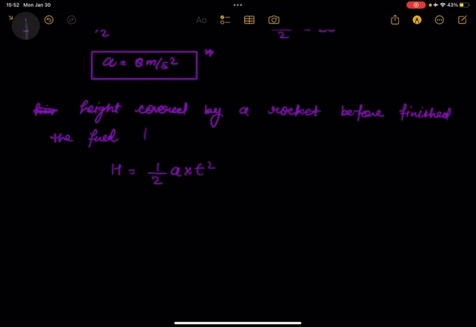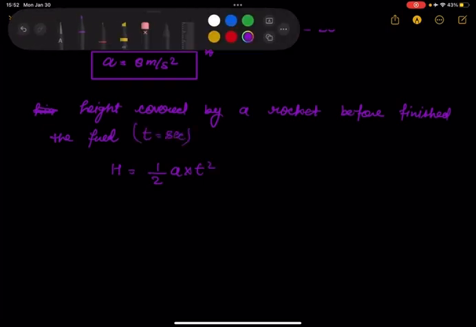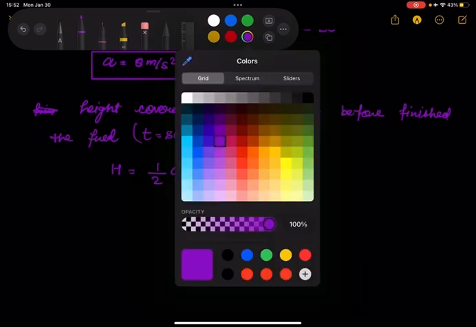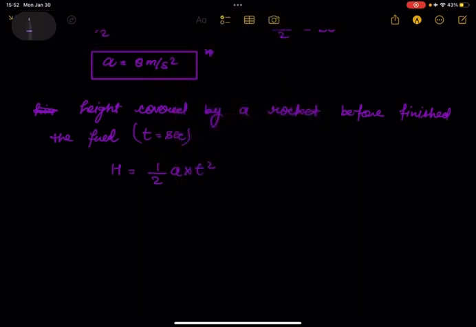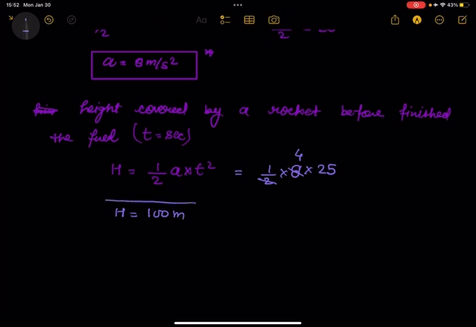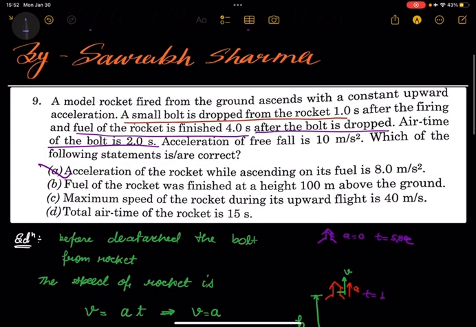Total time is 5 seconds, so it is half times 8 times 25, which is 100. So the height is 100 meter above the ground. So the second answer is also correct.